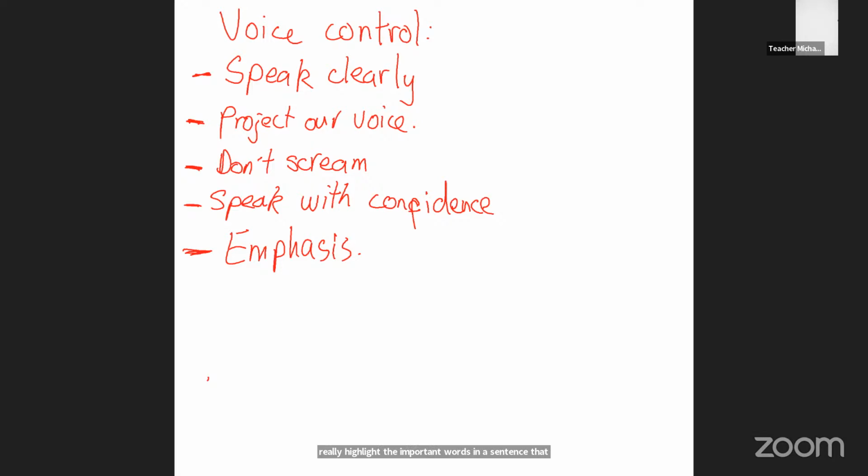So just then, when I said that sentence, we can really highlight the important words that we're saying. I could say it like that and say highlight, and really let you know that I want you to make those words important. Emphasis.